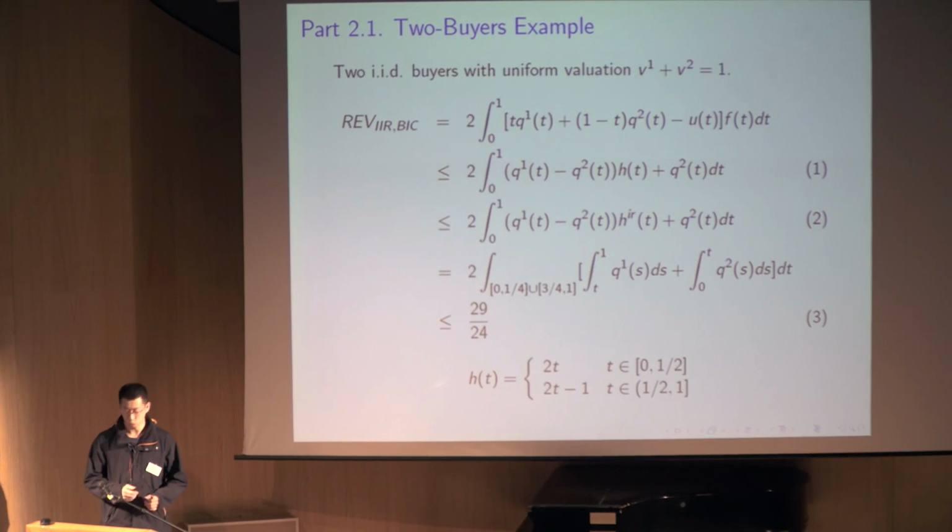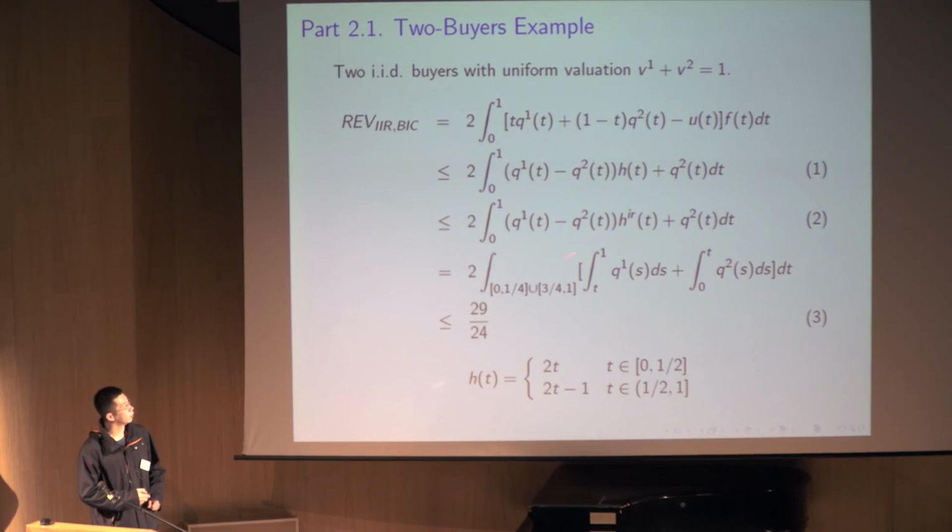Consider there are only two IID buyers, and the valuation is uniform, v1 plus v2 equals 1. We first represent the revenue like this, and then we use the fact that u is non-negative to get the first inequality.